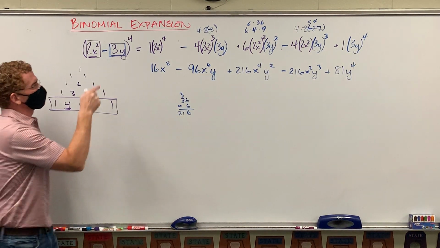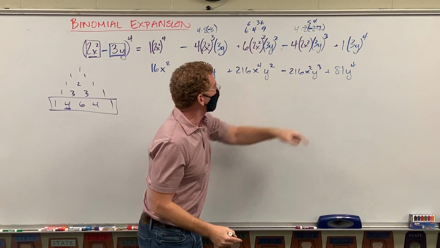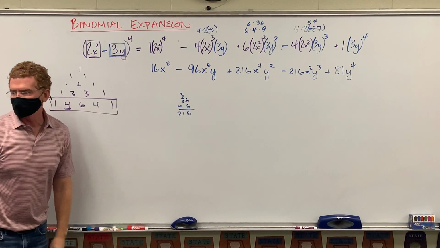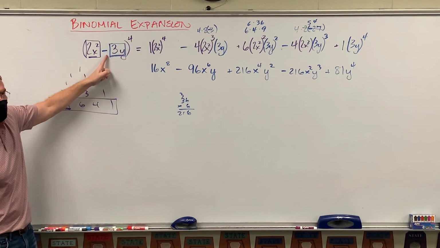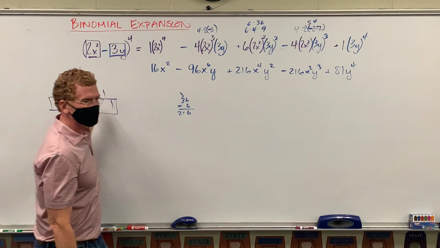But don't do the trick and go plus, minus, plus, minus, plus, and put the negatives in there, or everything ends up positive again. Are you with me? So if it's positive, positive, it's all positive. But if it's positive, negative, it's going to alternate.